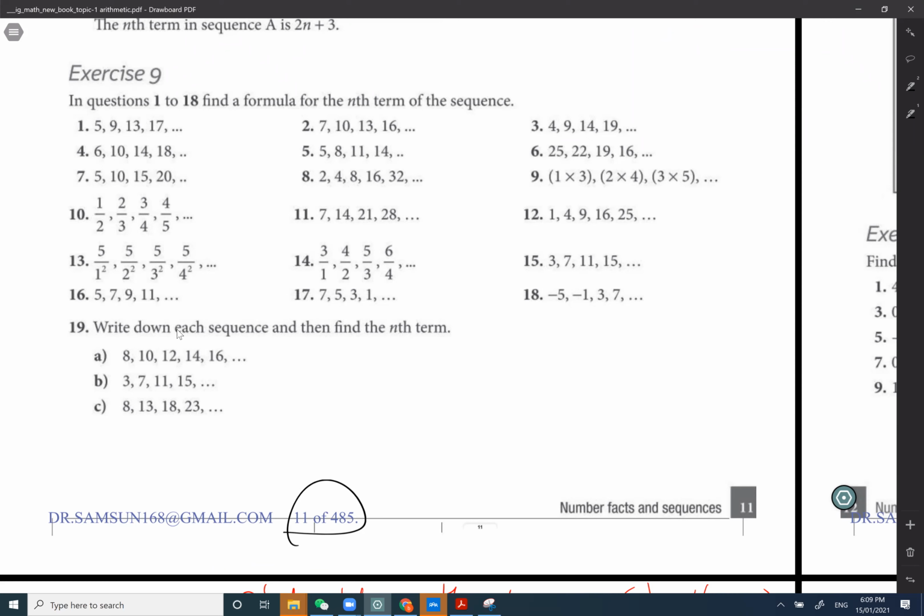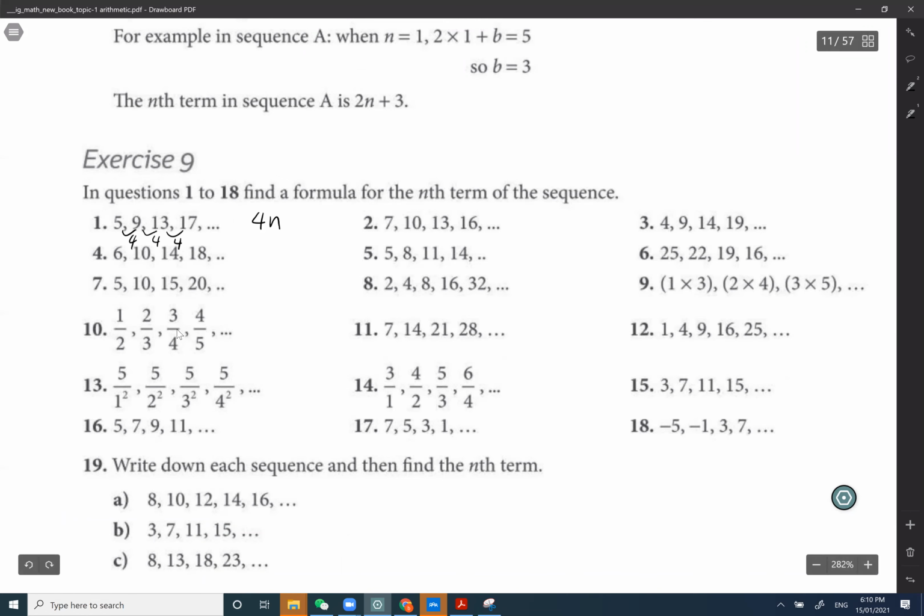We check the first several questions now. The first one, the difference is always 4. Heidi, it's 4. So we got 4n and what's the previous number, Heidi? 1. Very good.